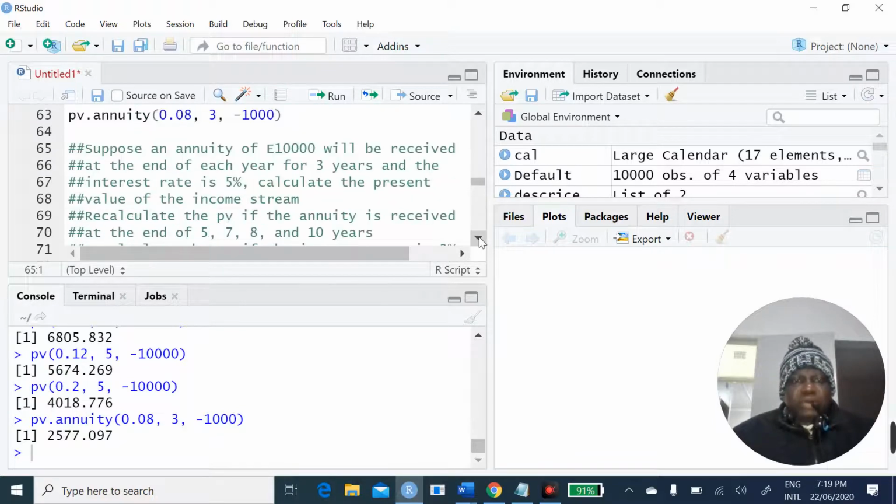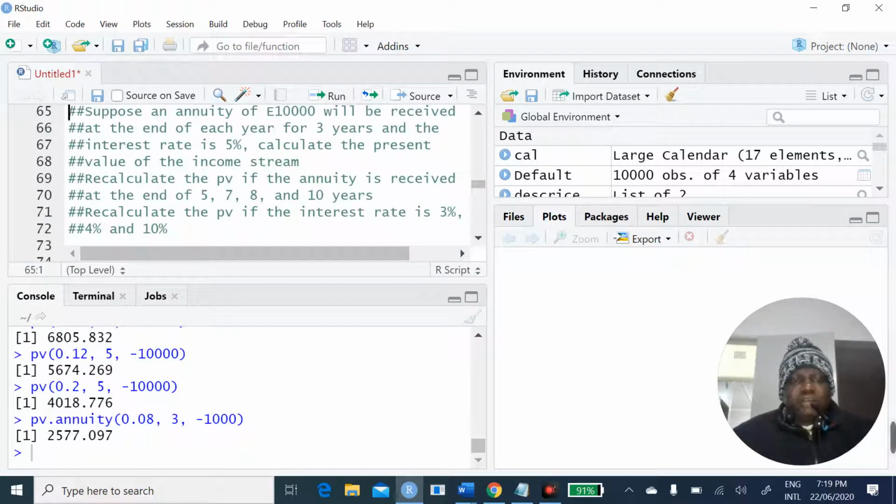So let's look at other examples. Suppose an annuity of 10,000 Emalangeni will be received at the end of each year for 3 years at interest rate 5%. Calculate the present value of the income stream. We calculate the present value if the annuity is received at the end of 5, 7, 8, and 10 years.